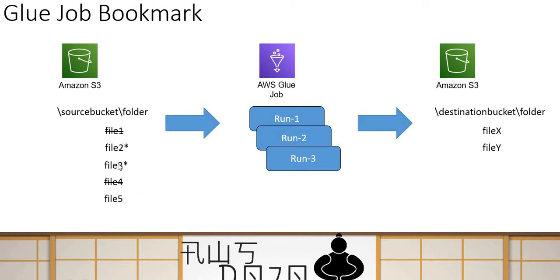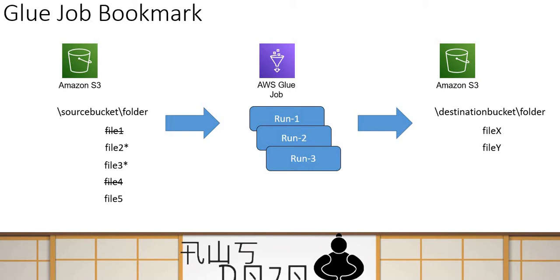Only file 2 and 3 should be processed because they changed, and also file 5 should be processed because that is a new file. So you understand that we are running this Glue job multiple times, and your objective is that the files which are already processed, which have not changed since the previous Glue job run, should not be processed again.